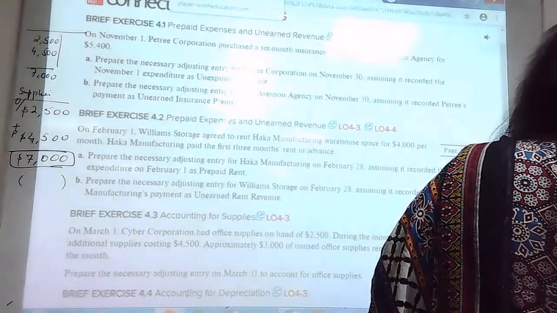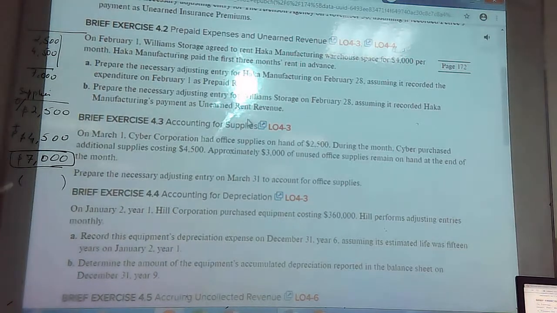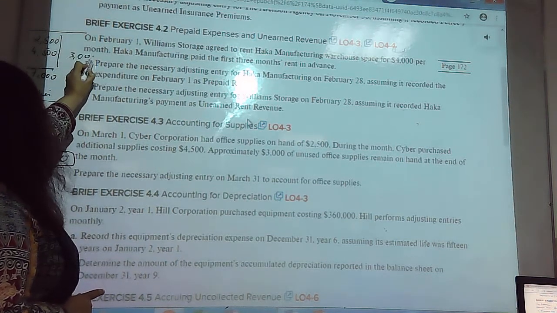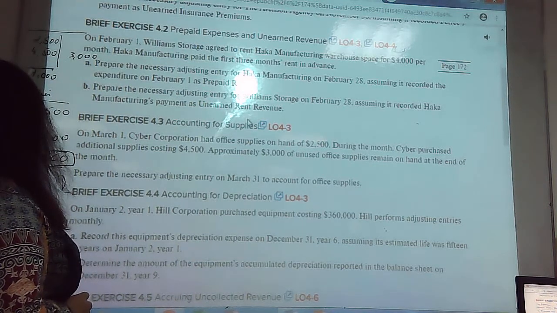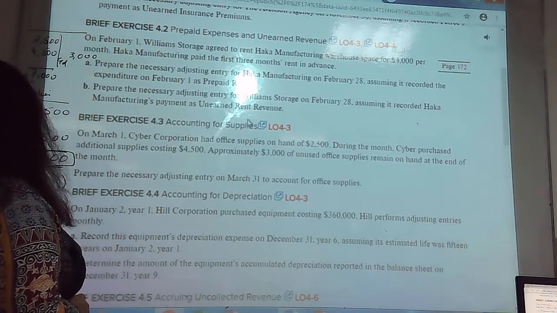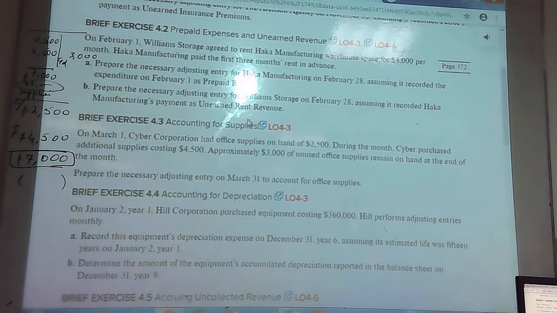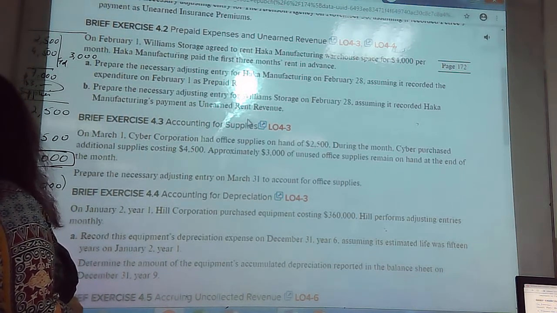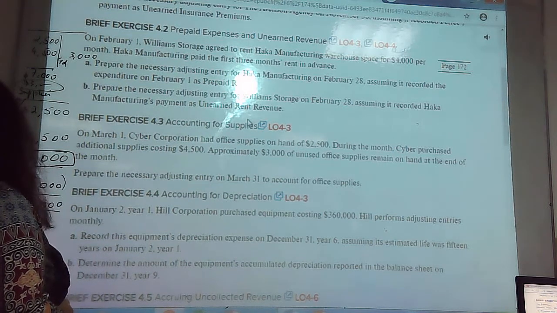The total was $7,000, but then there was the closing balance shown here. This was the balance that was not consumed, rather it was left, and it's always on the other side, so this is carried down and brought forward to the next year. The remaining supplies have been consumed, so this 3,000 is subtracted, and you get approximately $4,000 worth of supplies used.